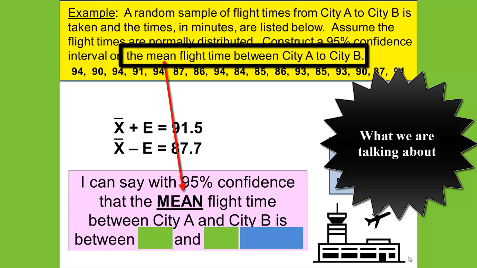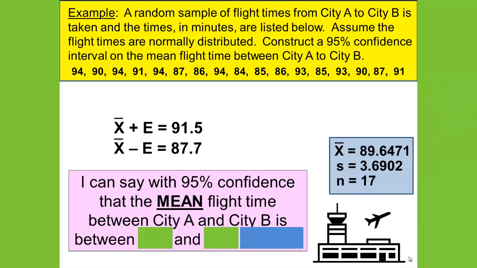That's how we knew to do the confidence interval on the mean. So we want to start with that word from our problem and follow along until we've described what we're talking about. So the mean flight time between city A and city B, and we're using those words from the problem exactly. Again, reading is your friend. It may be a little tedious, but it's not hard.